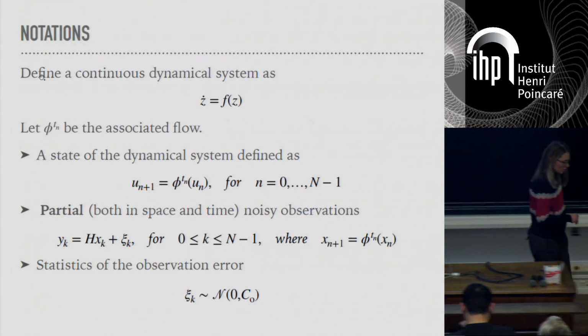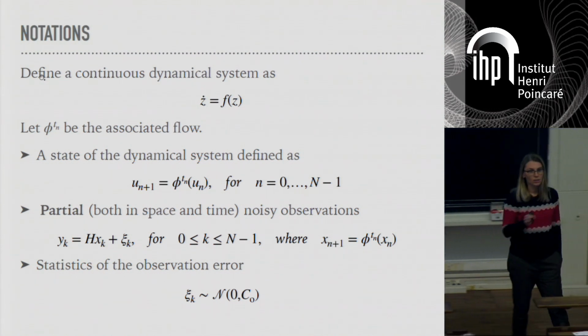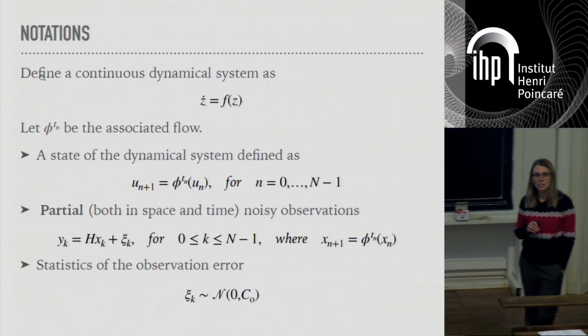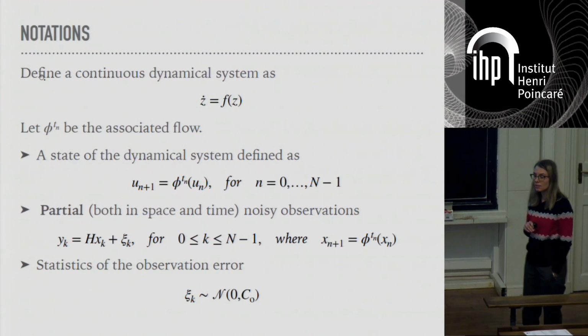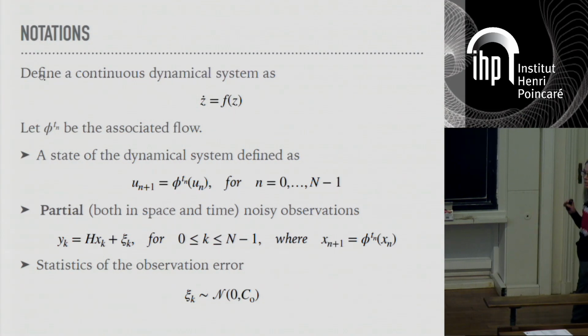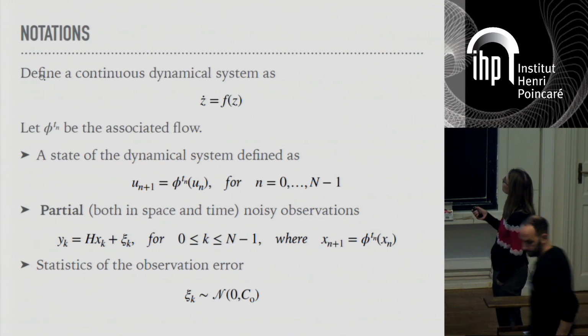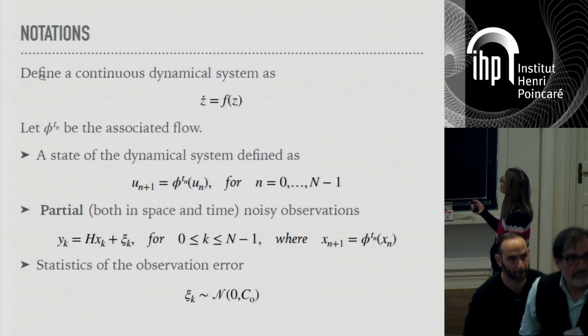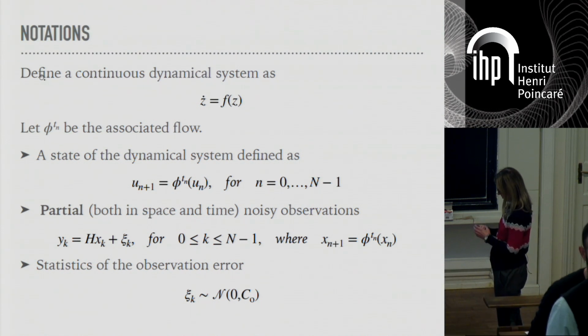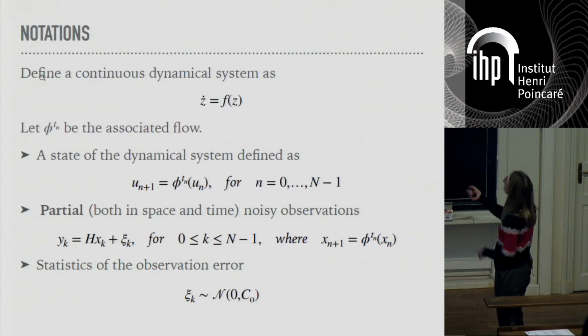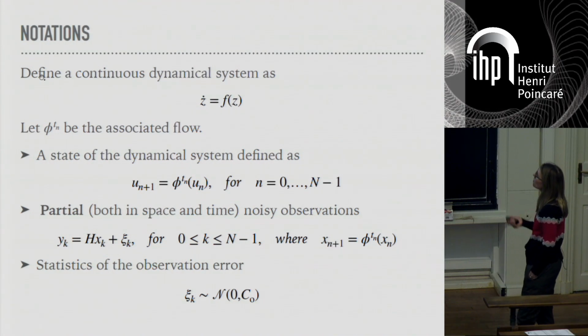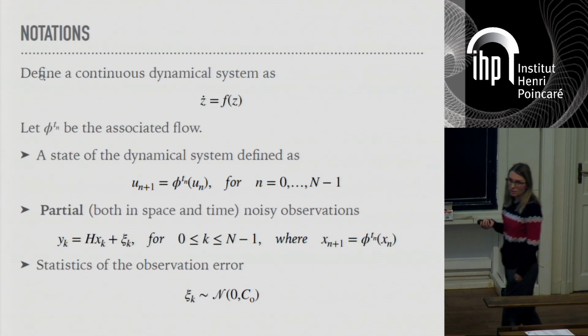So first, I would like to give just a notation. There is nothing new that hasn't been said this morning, but this is just introducing notation which will help me to describe what shadowing is. So I will define a continuous dynamical system as z dot equals f of z. So this is a nonlinear mapping. This is a PDE, let's say, right?